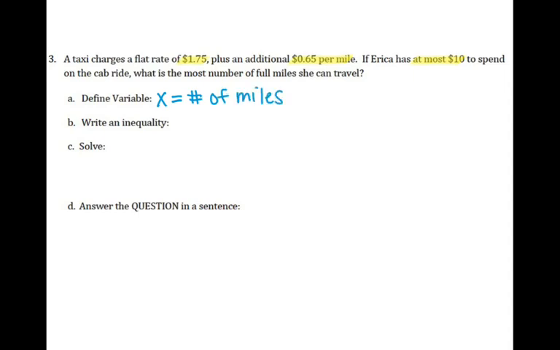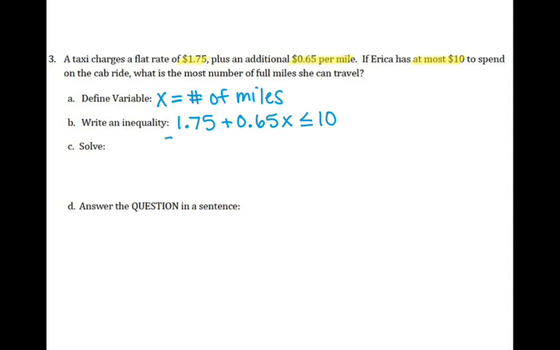And the taxi charges a flat rate of $1.75 plus 65 cents per mile. So plus 0.65x, and she has at most $10. So that means she can spend $10 or less. So that's going to be less than or equal to.